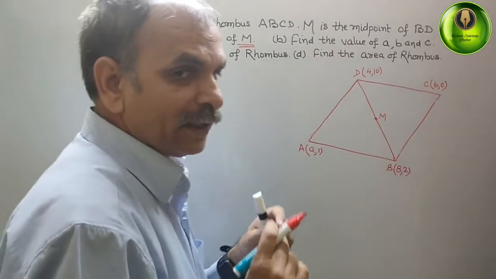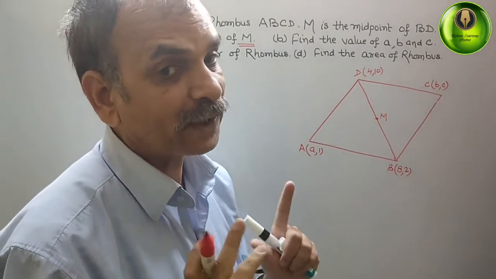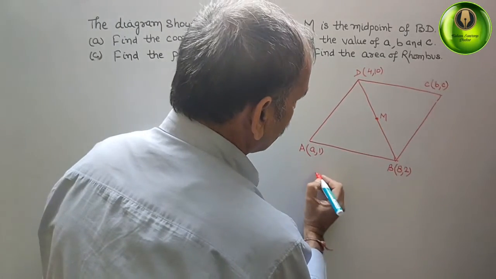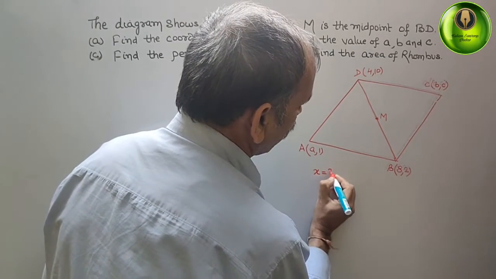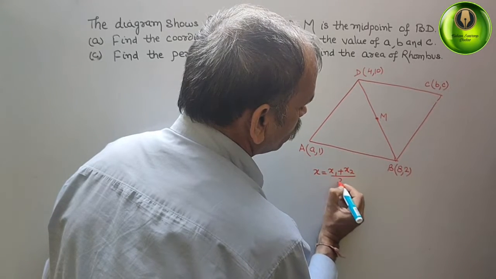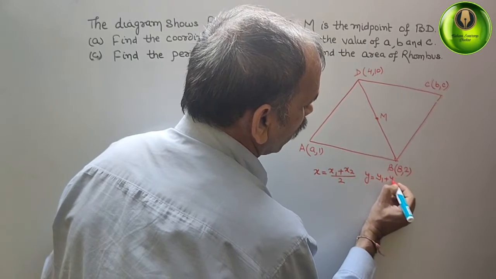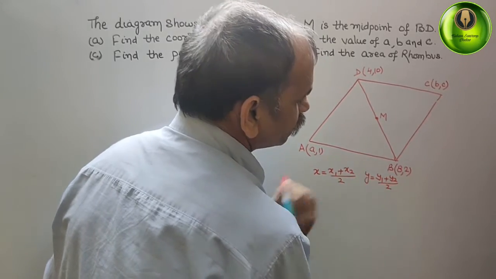In the section formula there is a midpoint formula also. That is nothing but x is equal to (x1 plus x2) by 2 and y is equal to (y1 plus y2) by 2.